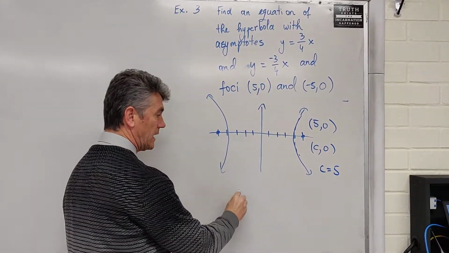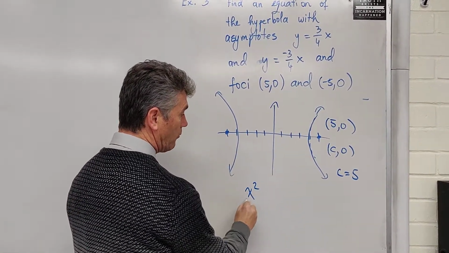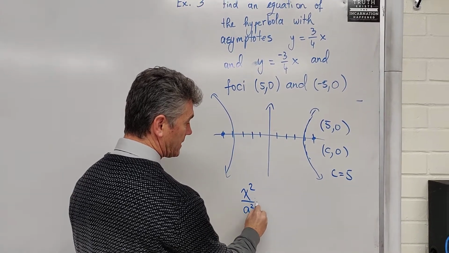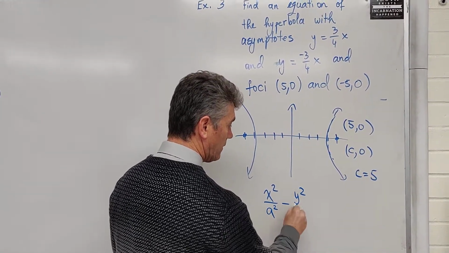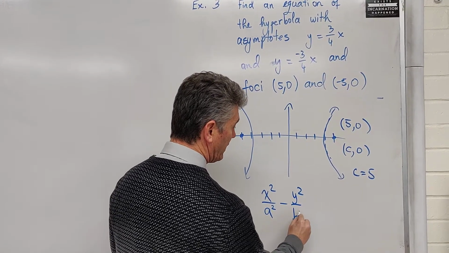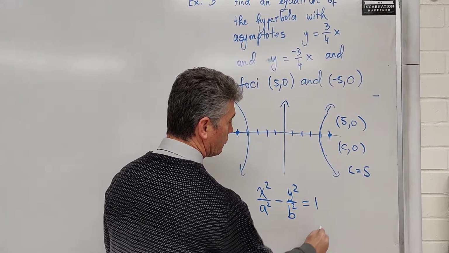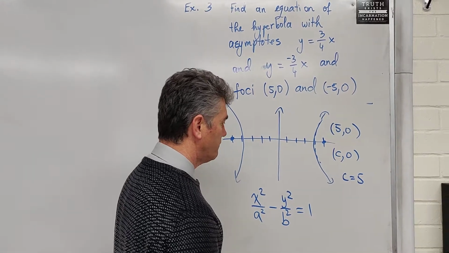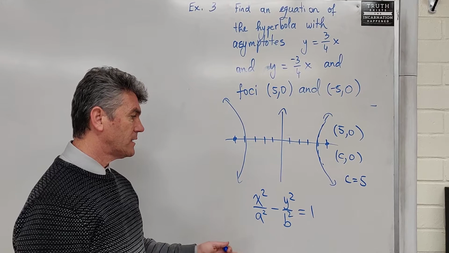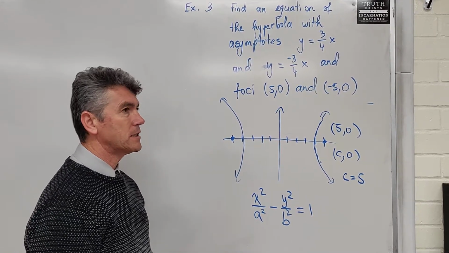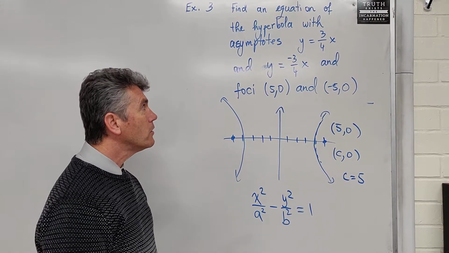The second thing that I know is that the equation of the hyperbola looks like x squared over a squared minus y squared over b squared is equal to 1. So, what is my goal? My goal is to find a squared and b squared. What are the clues?